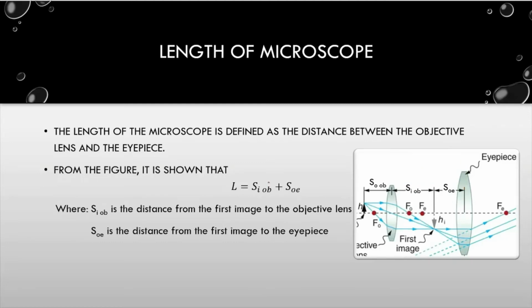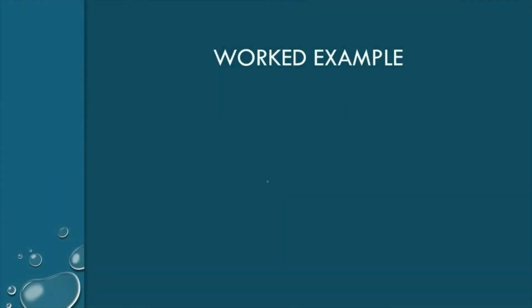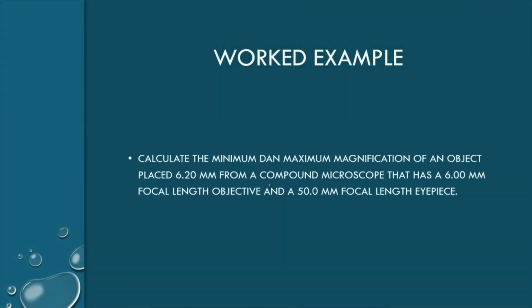Let's do the work example. Calculate the minimum and maximum magnification of an object placed 6.2 mm from a compound microscope that has a 6 mm focal length objective and a 50 mm focal length eyepiece.